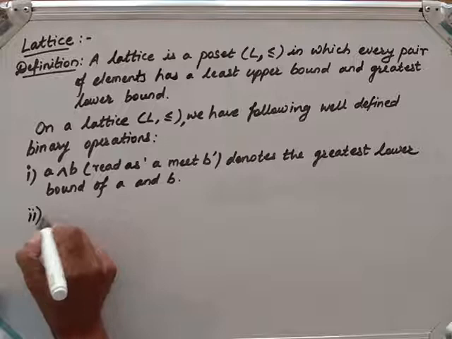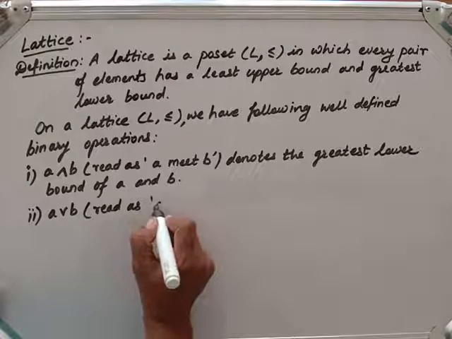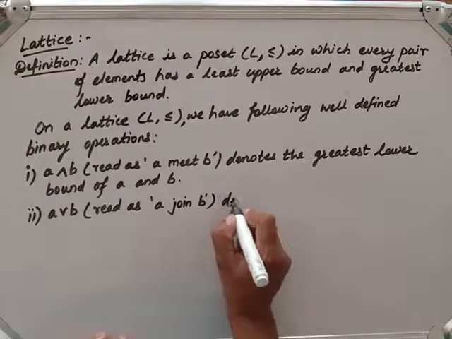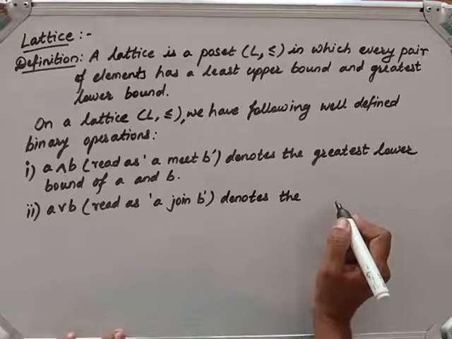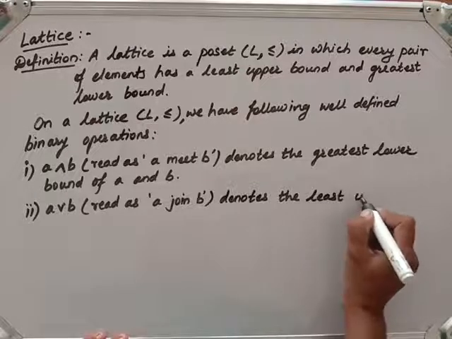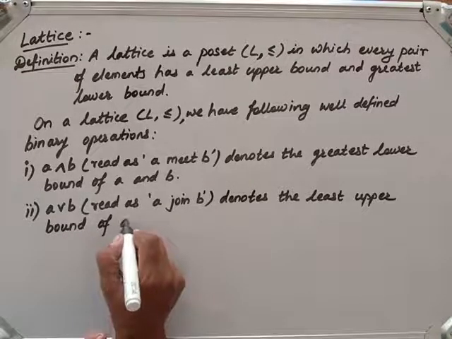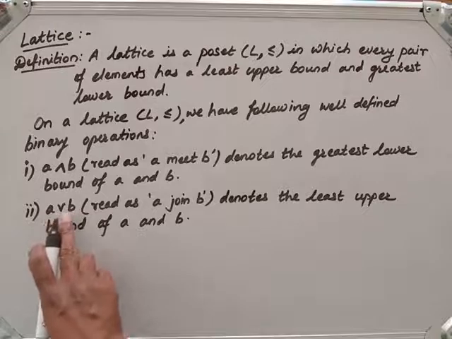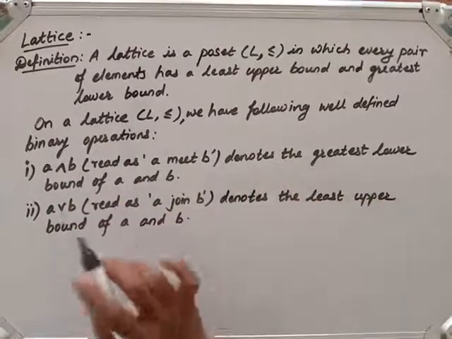And the second binary operation is of OR, A or B. We read it as A join B. A join B denotes the least upper bound of A and B. So in a lattice, A join B denotes the least upper bound and A meet B denotes the greatest lower bound.